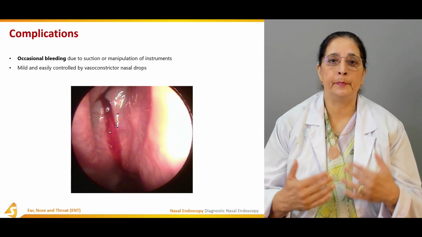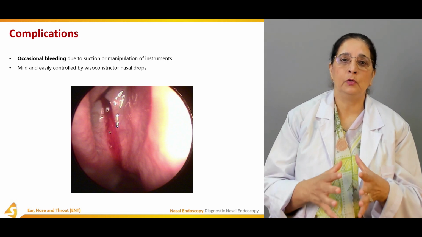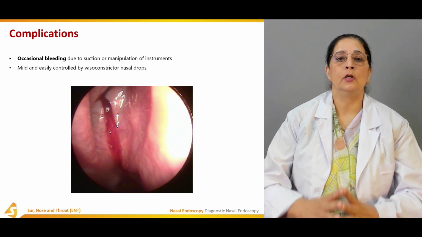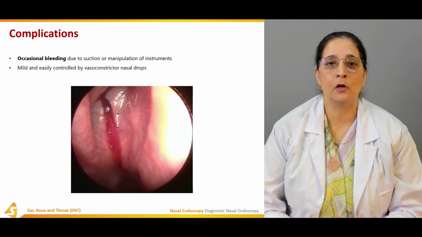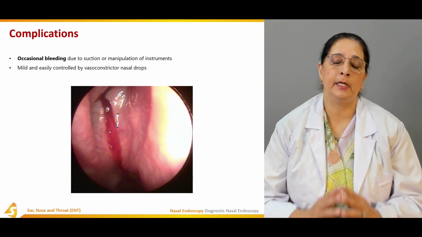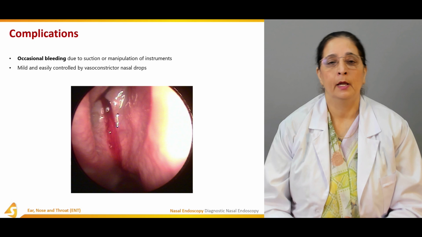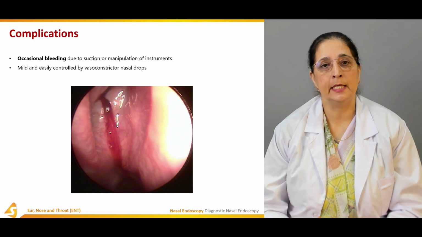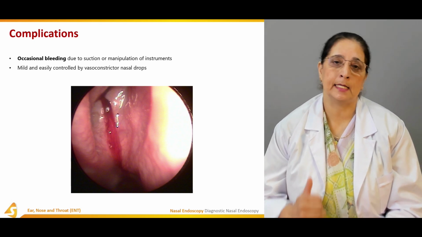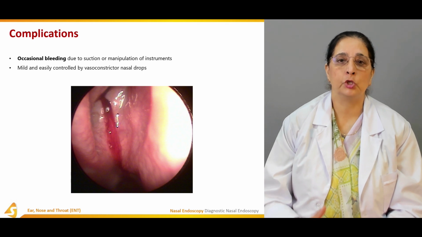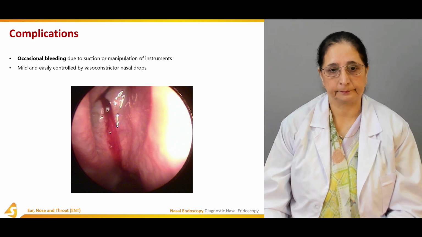Then in the third pass, more structures. So this is the diagnostic nasal endoscopy, in which we use the endoscope to examine the nasal cavity, paranasal sinuses, and the nasopharynx.